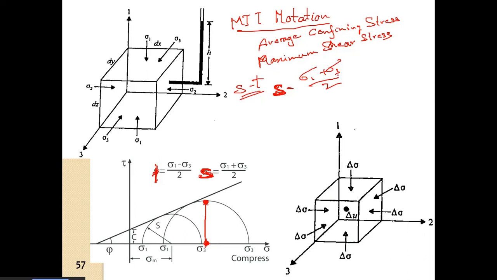All right, so that is S, and then T is defined as T is equal to sigma 1 minus sigma 3 by 2, which is the radius of the Mohr circle, and this is the plane with the maximum shear stress.